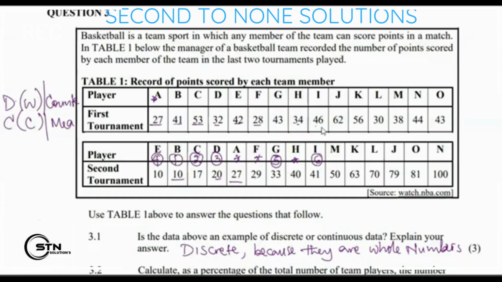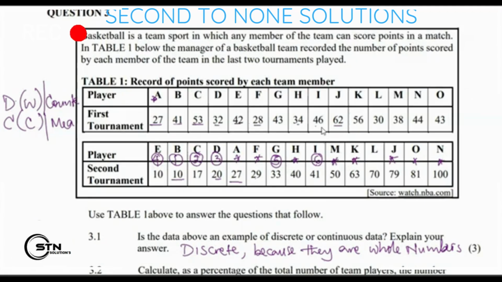Now J had 62. Now here he has 70. Okay, there's nothing much. K had 50. It has increased. M had 30. Okay, it has increased. O had 43. He has 81, which is okay. N had 40, but now he has 100.